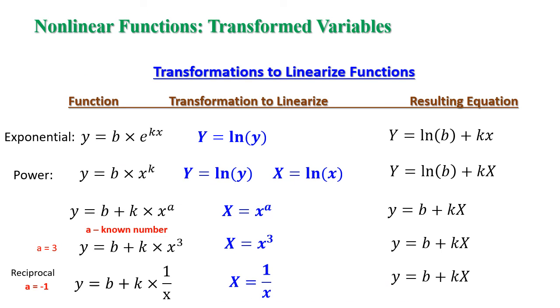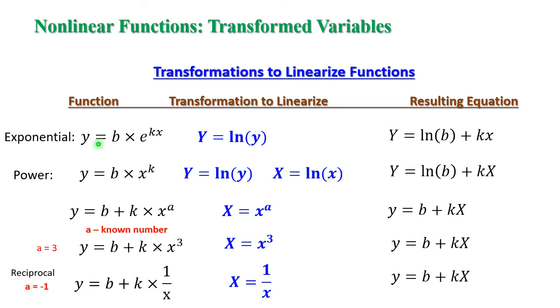Now, what to do if I do not have linear function? You can linearize your nonlinear function to make straight line. What we do it by substitution of variable. For example, you have exponential function y equal to b multiplied by e^(kx).